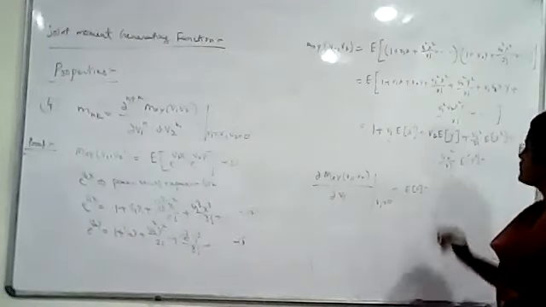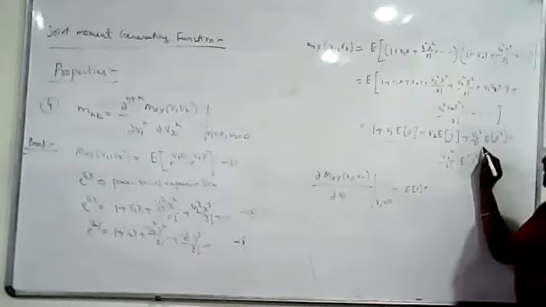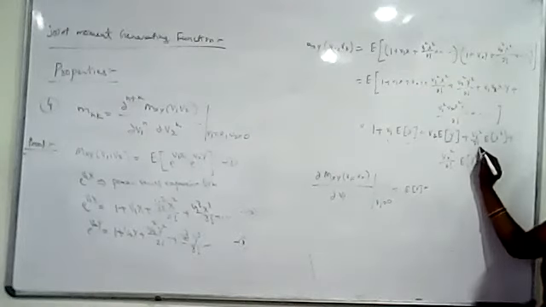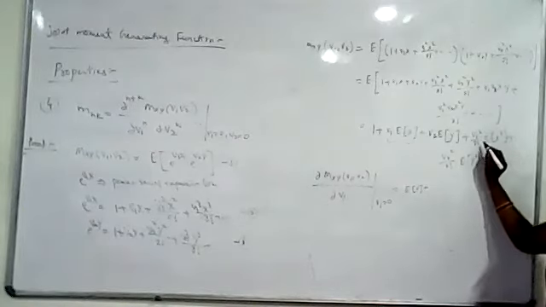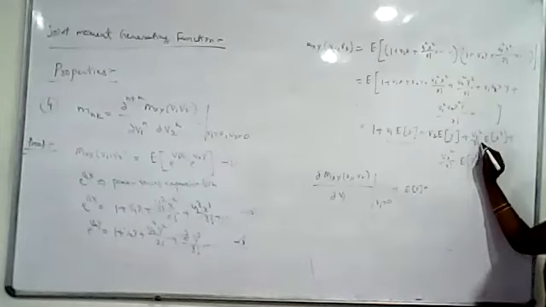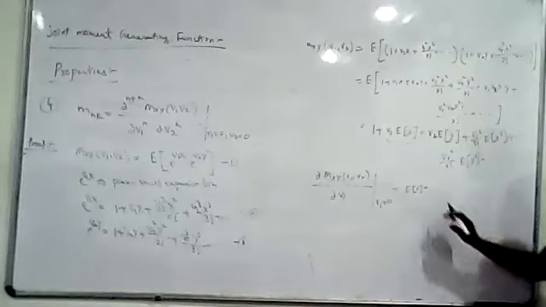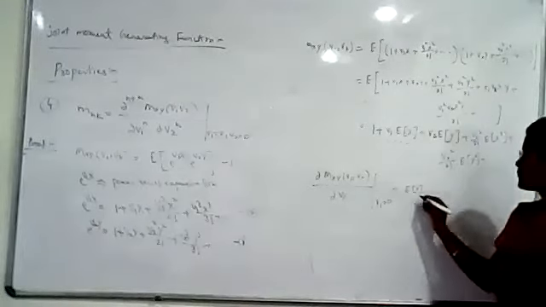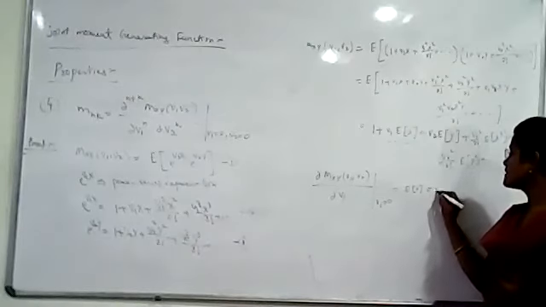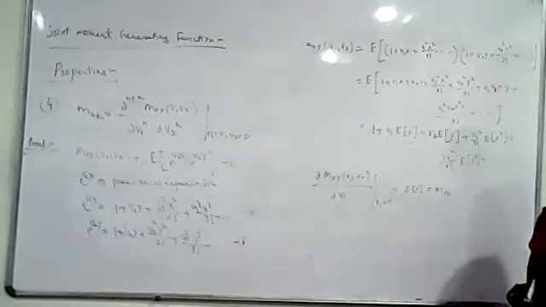The terms not containing v1 are 0. Again, the differentiation of the v1 square term is 2v1 by 2 times expected value of x square, and since v1 is 0, this term also gets cancelled. So we are left with only this term. The expected value of x is nothing but the first order moment, that is m10.